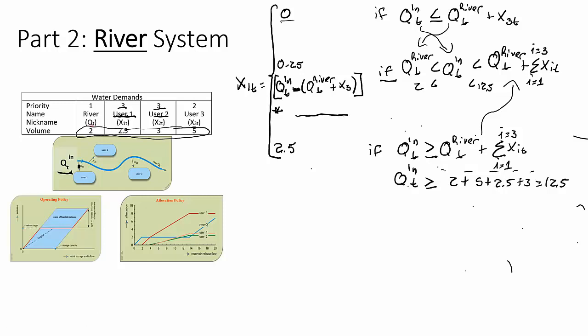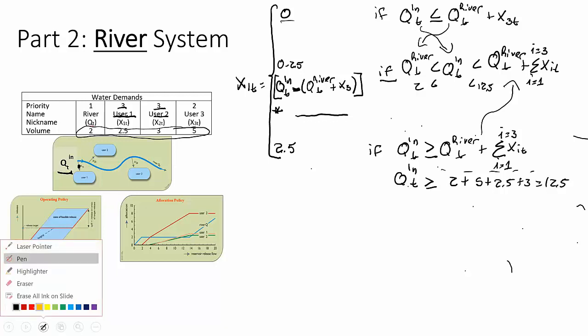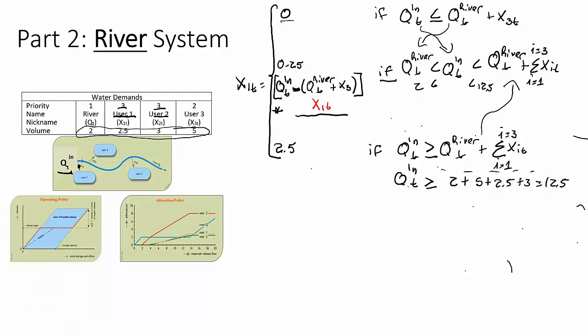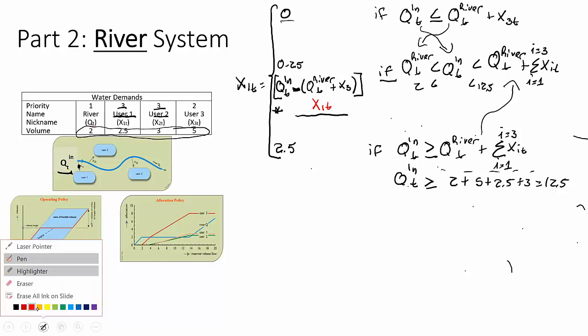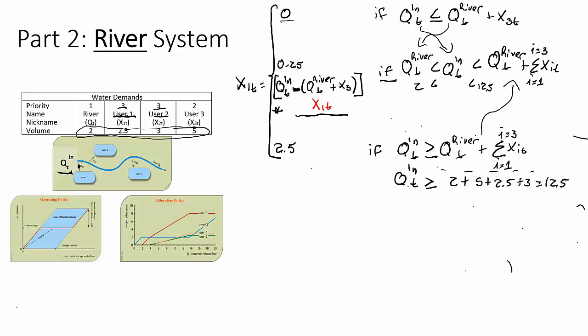It will be this x1t over x1t plus x2t. So as you can see, it's the proportion of 2.5 over 2.5 plus 3.5.